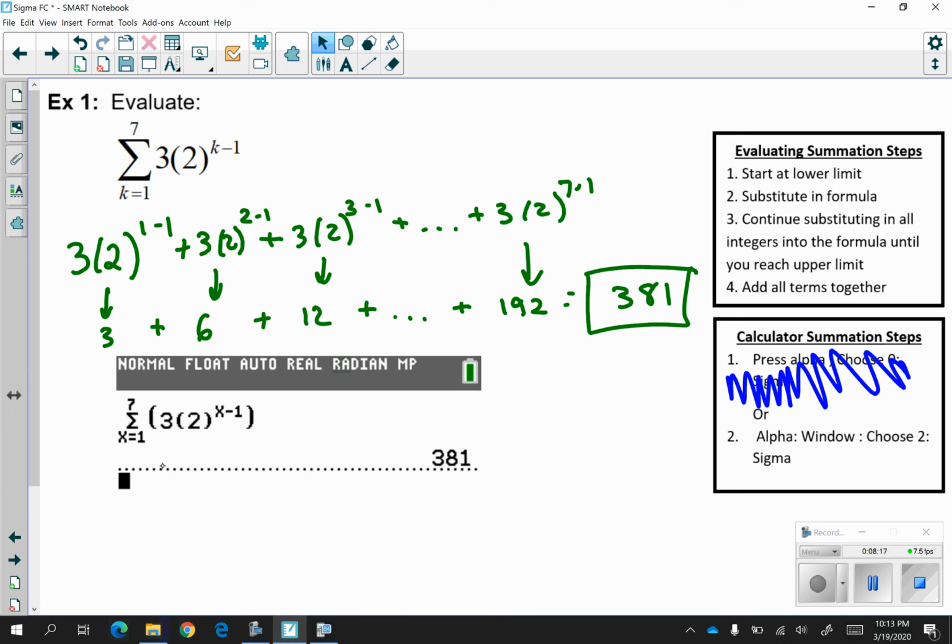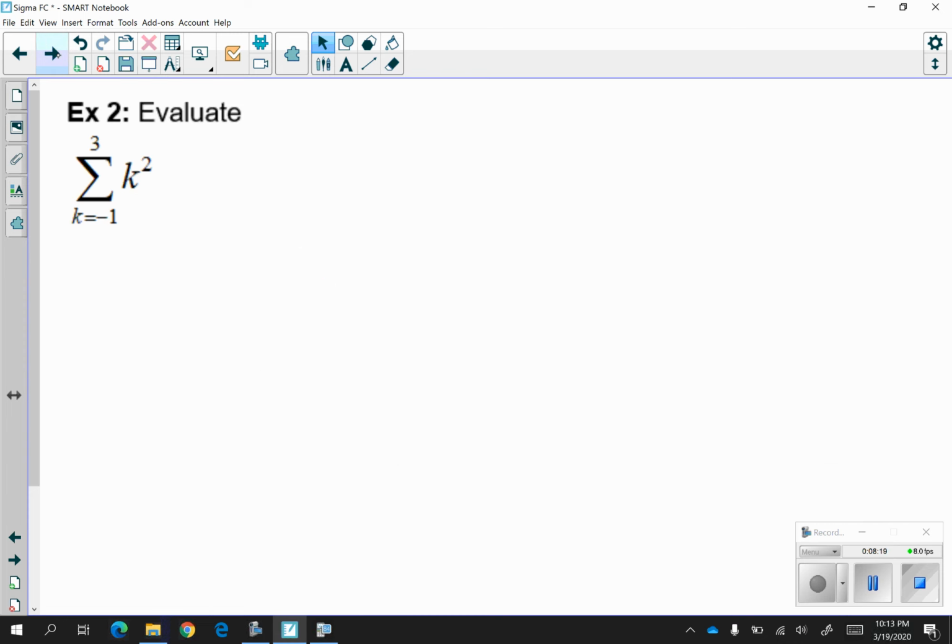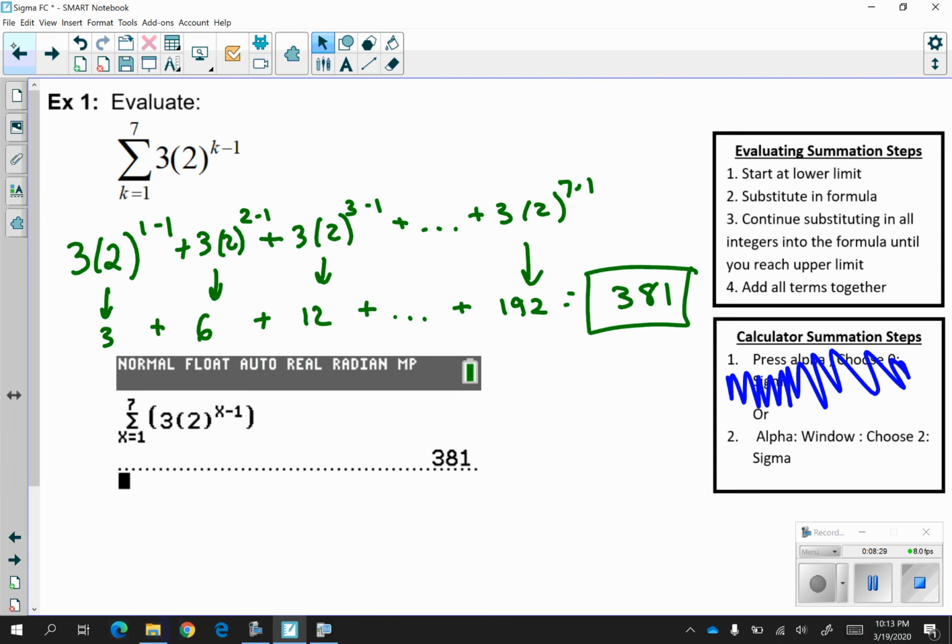So 2 different ways to do it. Let's try another. This time we're evaluating the sum of k squared from k equals -1 up until 3. If you notice, the last problem was geometric, right? Because this formula is for a geometric sequence, right?